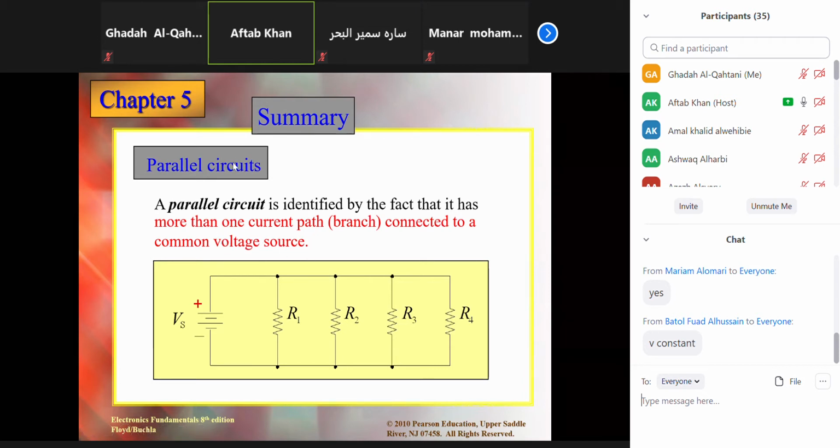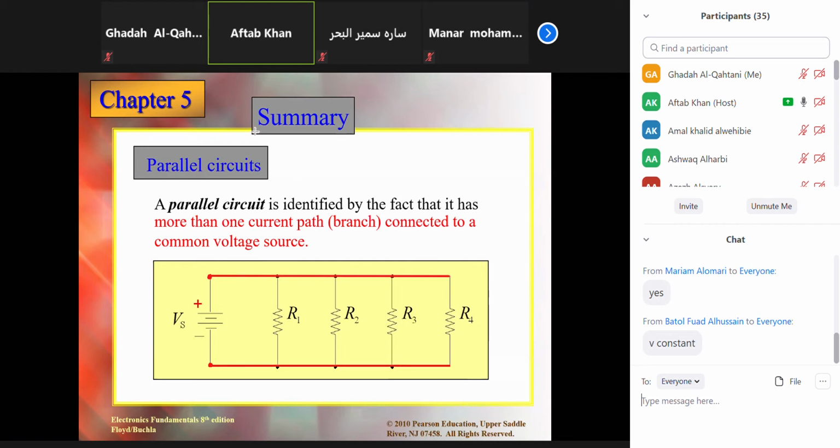Now you can see we have a common voltage source here, and it is connected to all of them. This is the same point, and similarly, down here it is the same point. So a common source is connected across the resistances.